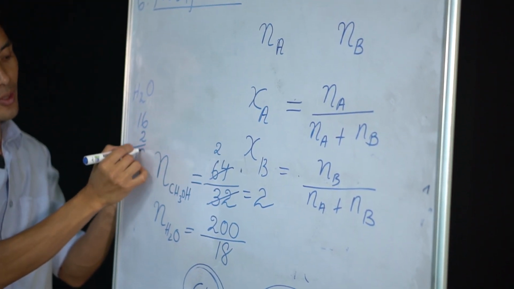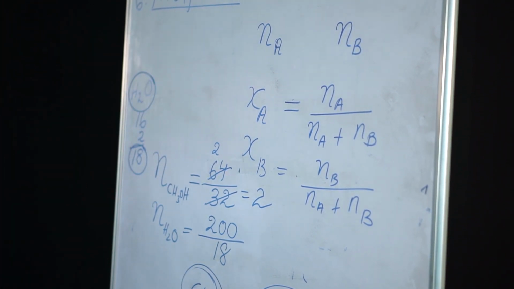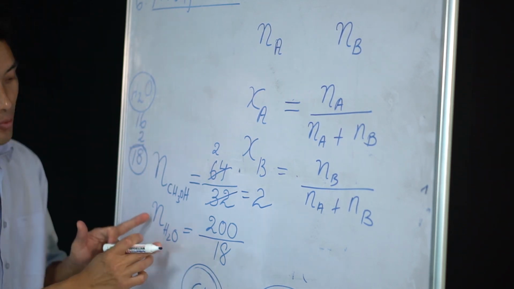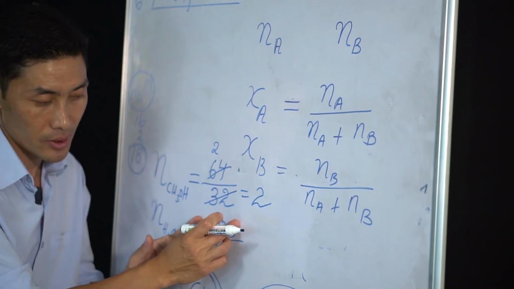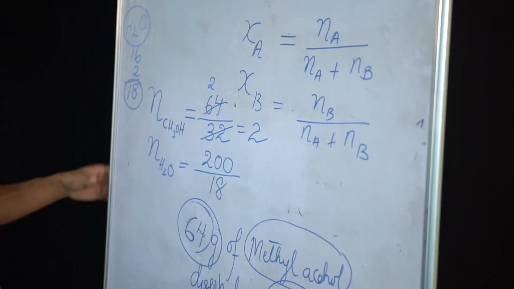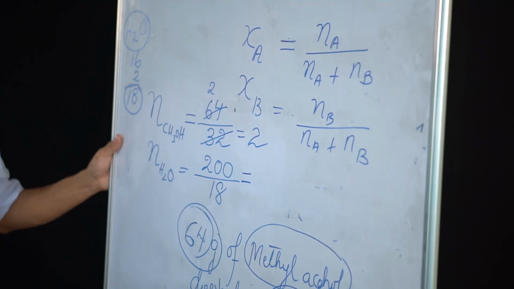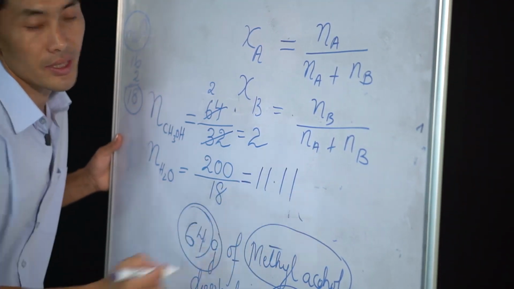So total will be 18, which gives us the molecular mass of water. So we calculate the number of moles of water by dividing its mass in the solution by its molecular mass. So 200 divided by 18 should give us around 11.11.